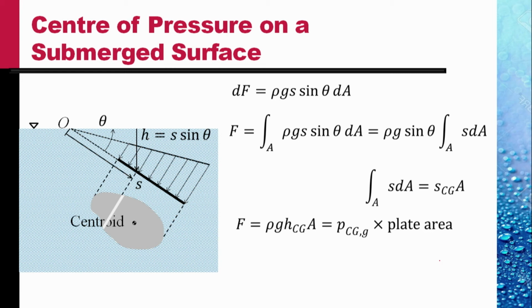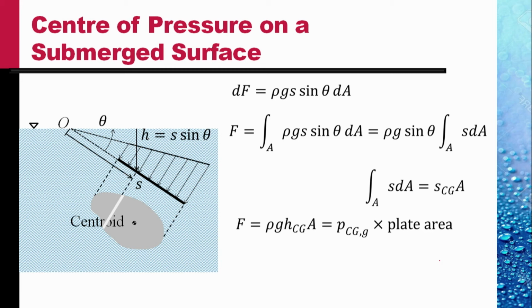We can take rho g sine theta outside the integral, and so this force is rho g sine theta integral s dA. Integral s dA over the whole area is nothing but the distance s of the centroid, the CG, times the area. So the force is the pressure at the centroid times the plate area, the same result as we obtained above.